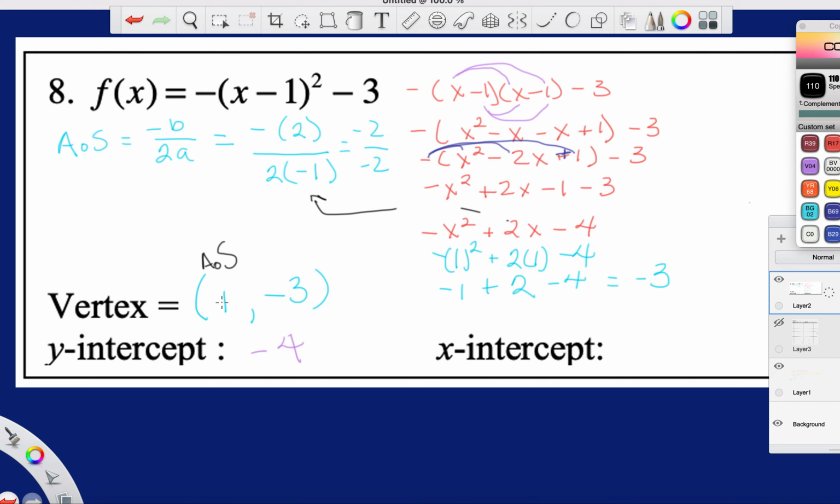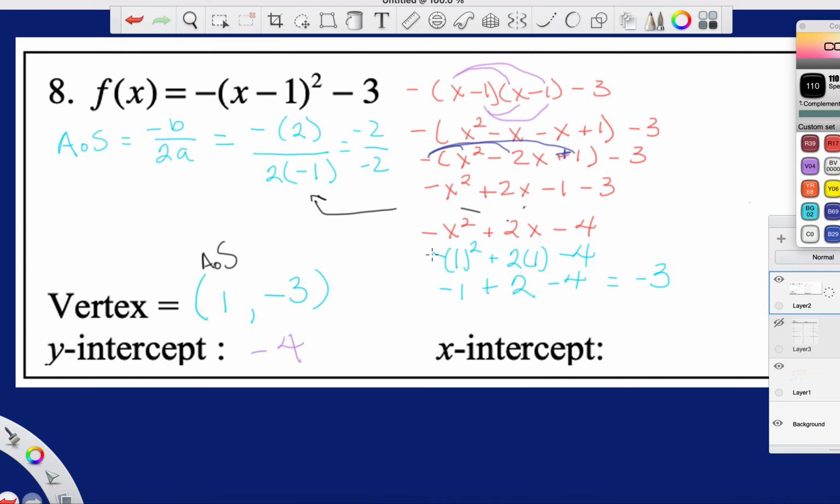What I do next is I take that 1, my x value, I plug it back into my original function, right? So I can plug it back in here. 1 minus 1 is 0, minus 3 is negative 3. Or I can plug it into this multiplied out version of it.